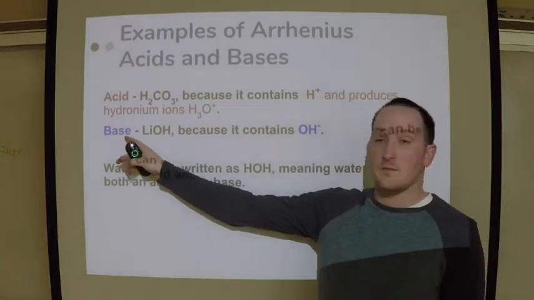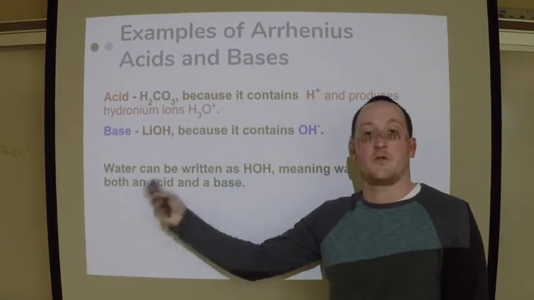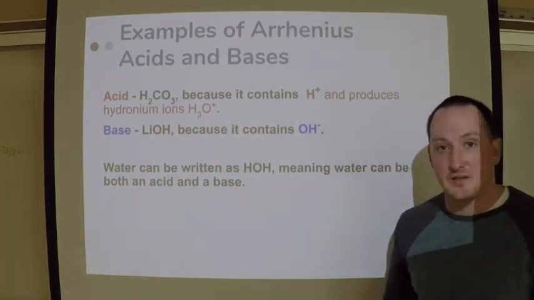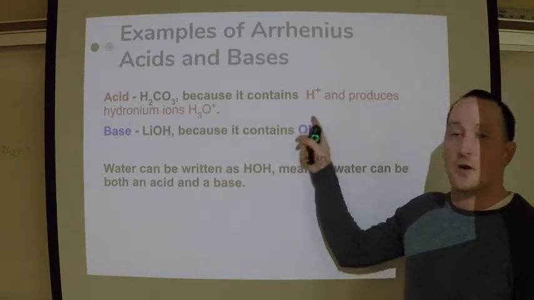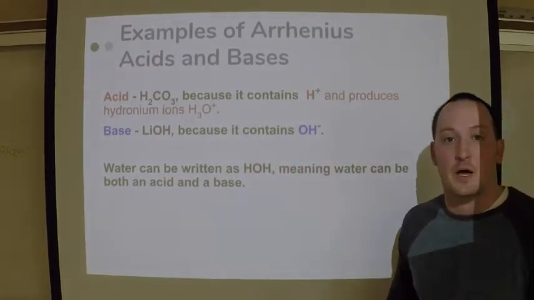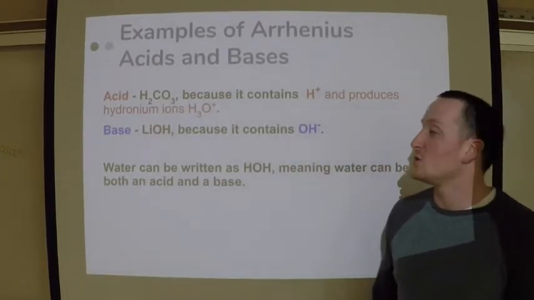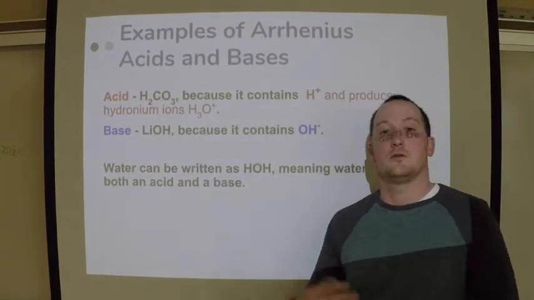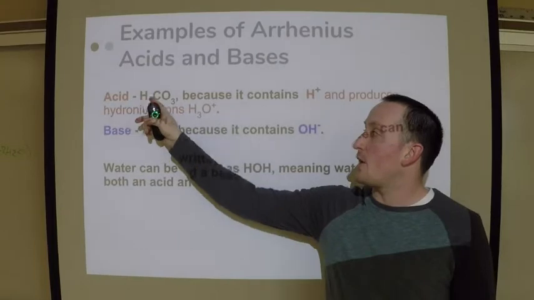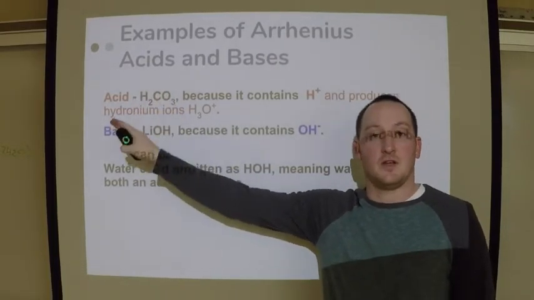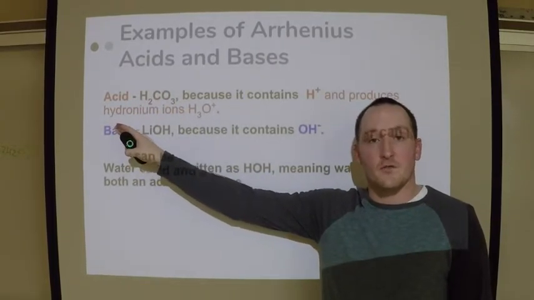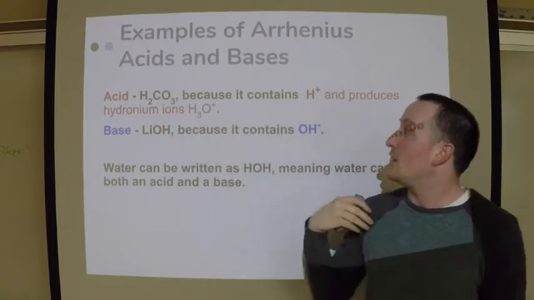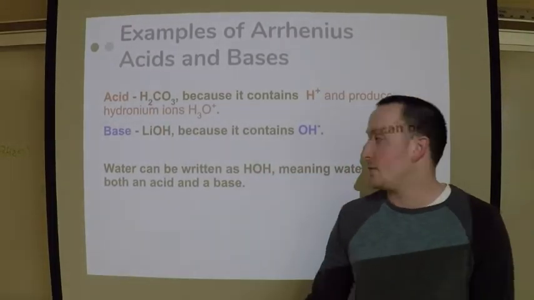For this one, LiOH is called lithium hydroxide. That would be a base because it contains OH minus. Remember, that's the polyatomic ion called hydroxide. So if you see a compound that has hydroxide in it, or OH, it's a base. If you see a compound that has just hydrogen almost always in the front of the compound by itself, then that will be an acid.